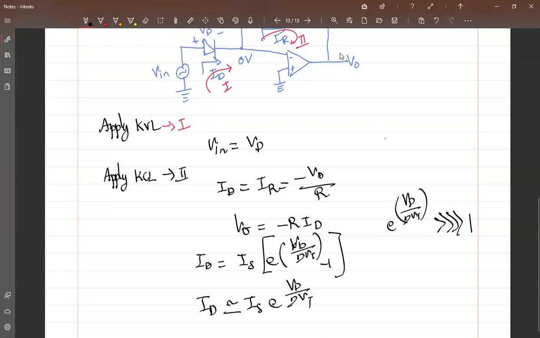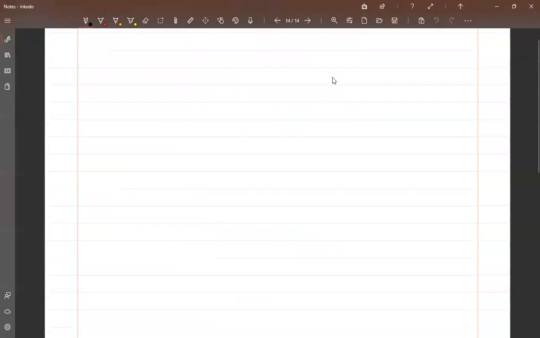Let me go to the next page. The output voltage can be written as V naught is equal to minus R into ID. Substituting the value of ID, minus R into IS into e power VD divided by eta VT.